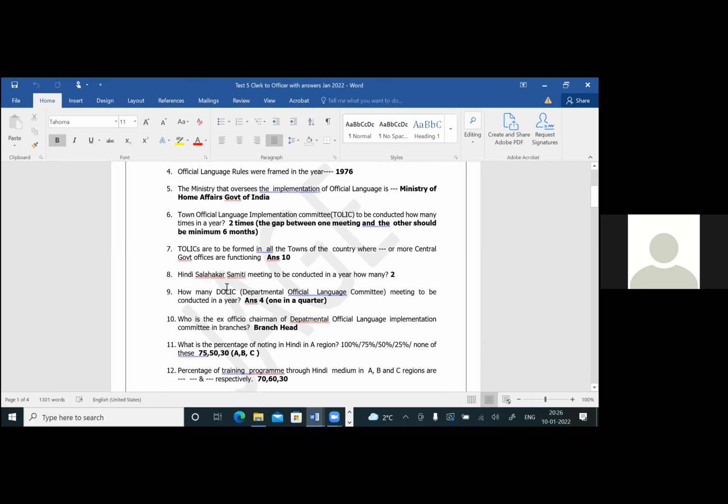Then how many meetings of the Official Language Implementation Committee? Earlier there was no concept called TOLIC. We had only OLIC. OLIC means Official Language Implementation Committee.